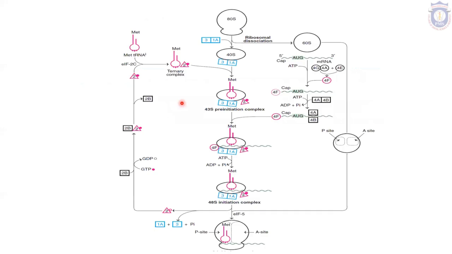The whole process of initiation and dissociation of ribosomes is represented in this diagram: 80S and 40S ribosome dissociation and consequent attachment of the initiation factors.